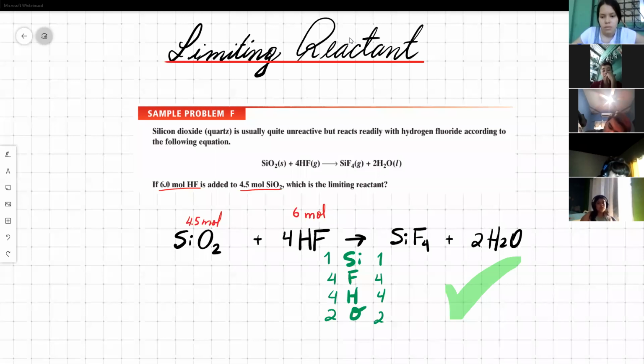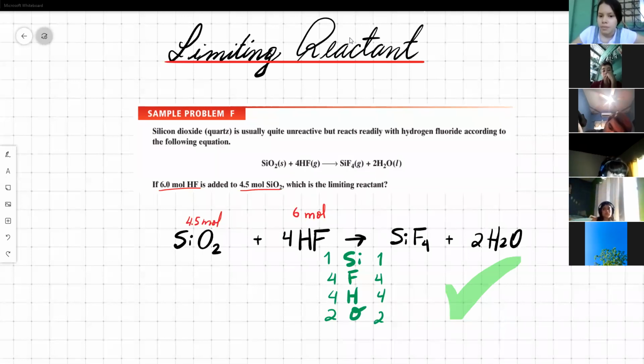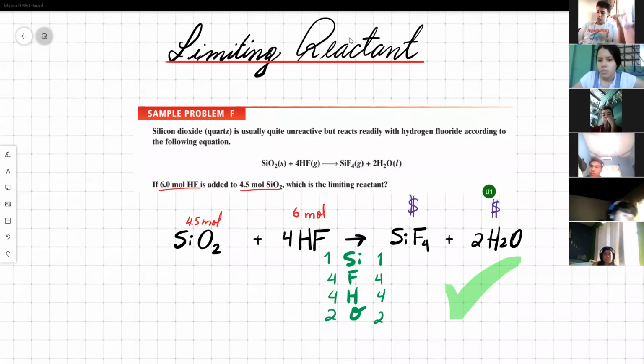So which one do you think is more expensive? Silicon tetrafluoride or water? In your opinion, just common sense. I'm not asking you to look on eBay to see how much it costs.